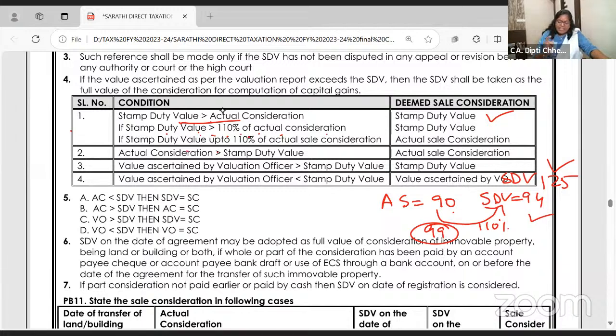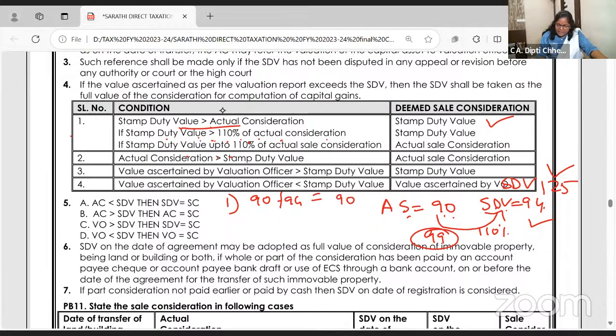If stamp duty value is exceeding actual sale consideration but it is within 110%, like here, actual sale consideration is 90, stamp duty value is 94, take 90, I'll say everything. First case, 90 and 94. Which one will you take? 90.